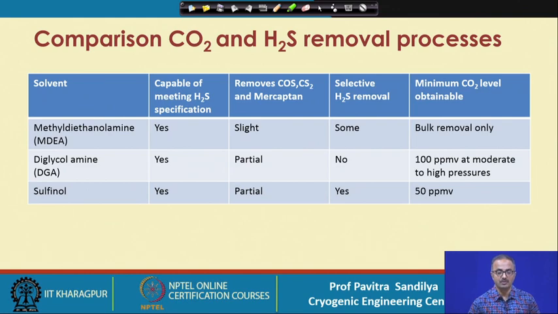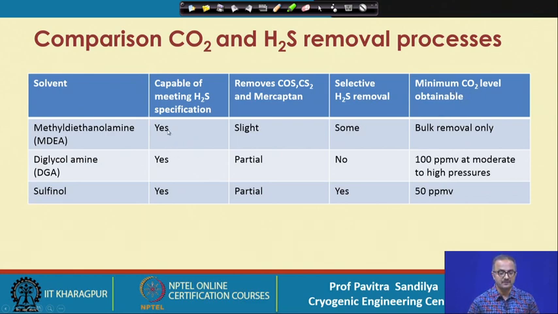Now here is the comparison of the carbon dioxide and H2S removal processes using the various solvents. We put the various solvents in terms of their capability of meeting the H2S specification, whether they can remove these sulfur compounds or not, how selective they are about the H2S removal, and the minimum CO2 level that can be obtained.